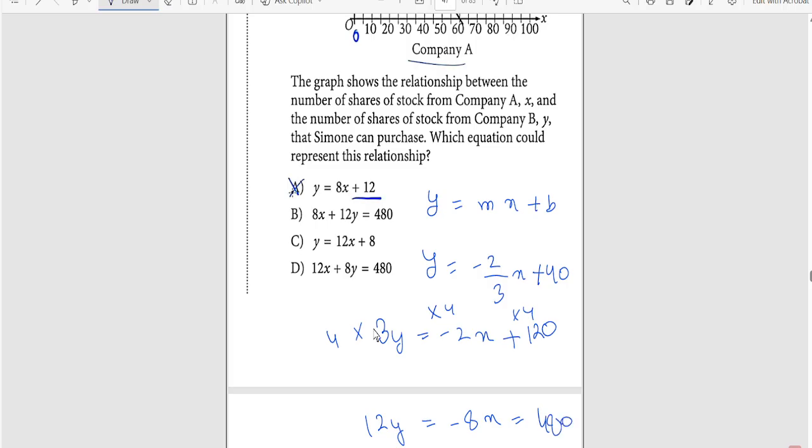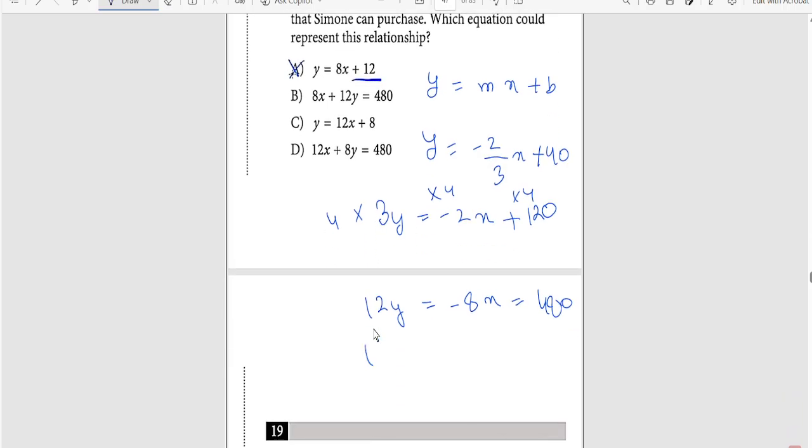So basically, now if I move this negative 8x to this side, I will get positive 8x. This side I have 480. So 12y, if you see, option B is correct, right?